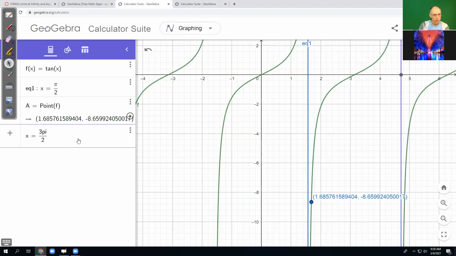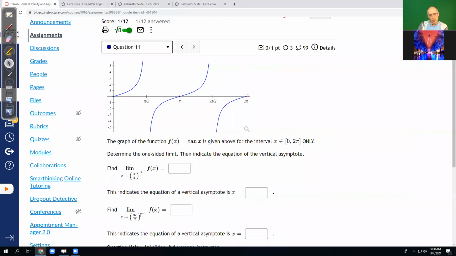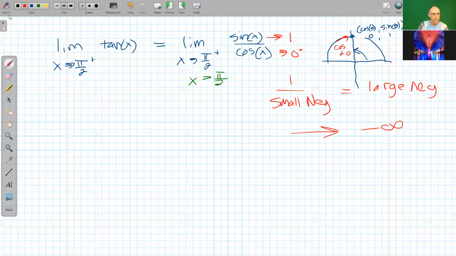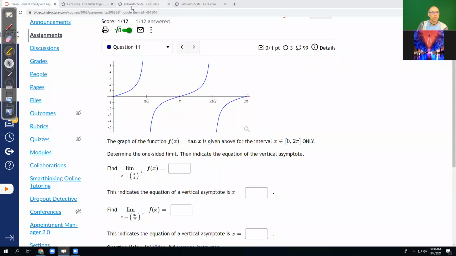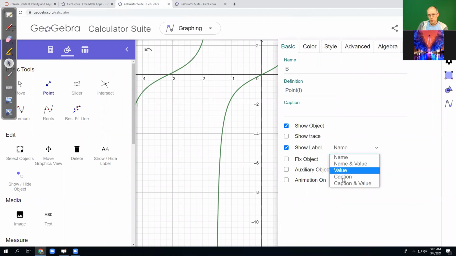It usually converts my pi when I hit enter, there we go. So here's 3 pi over 2. And I am again on the right side. So I have a point over here. Make sure I got that right. Yeah, we're again on the right side there. And the nice thing about GeoGebra is I can ask it to show me the value.